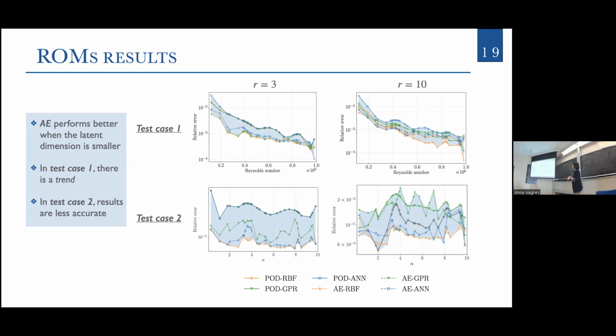And you see it also here. Yes, the dashed lines correspond to a smaller relative error. But if we go to 10 modes, then this is not always true. I mean, the POD has a similar accuracy with respect to the autoencoder.